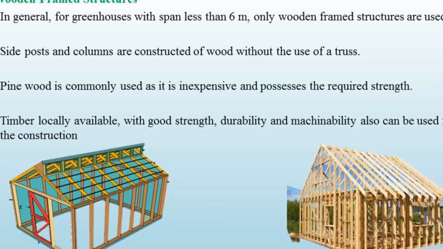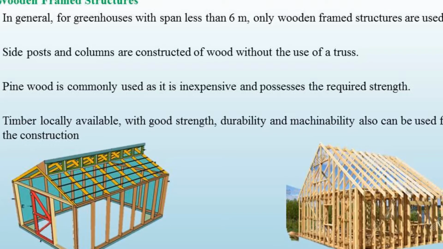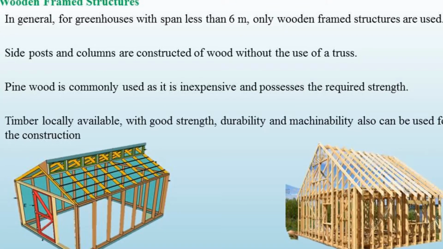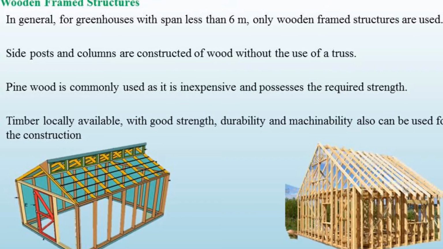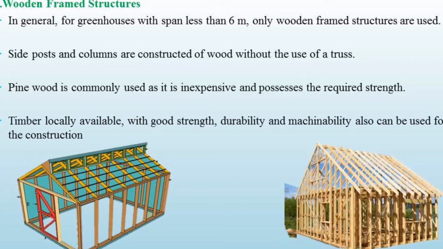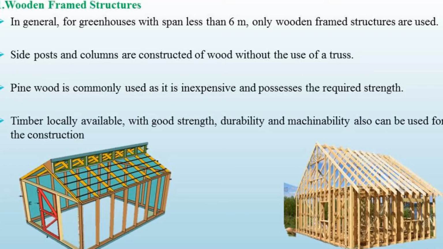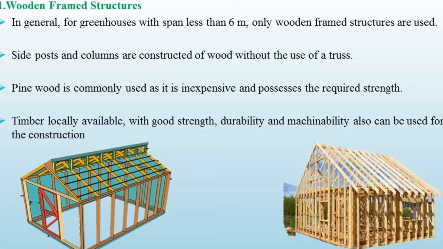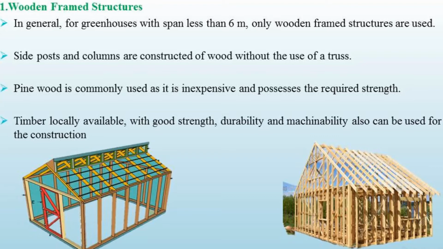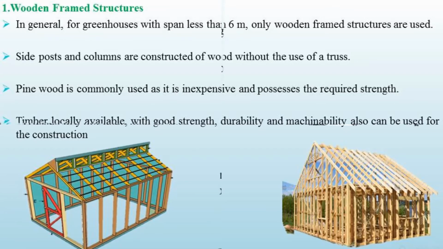Generally, pine wood is commonly used for erection of such structures because pine wood is inexpensive and possesses the required strength. If pine wood is not available, locally available timber having good strength, good durability and machinability can also be used for construction of such structures.